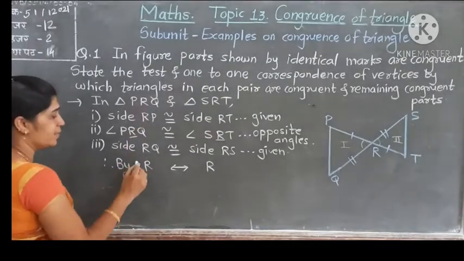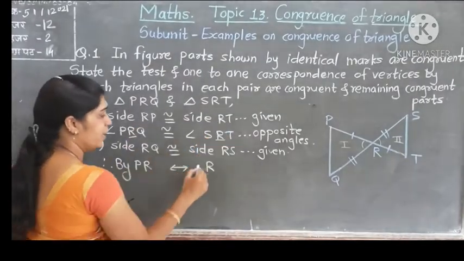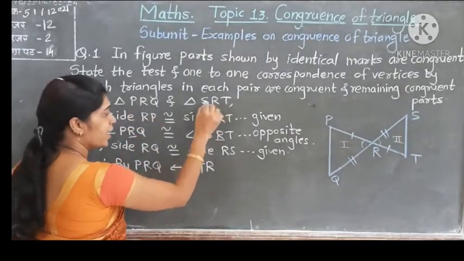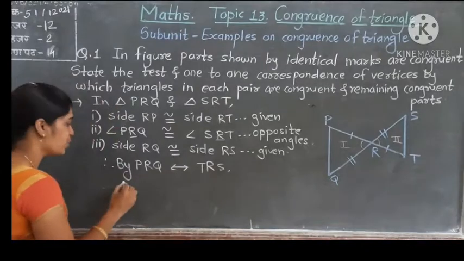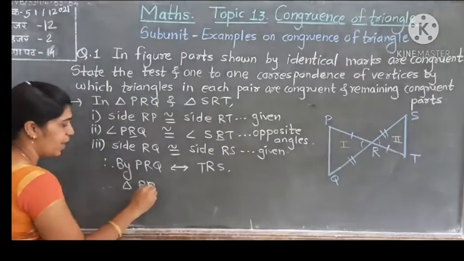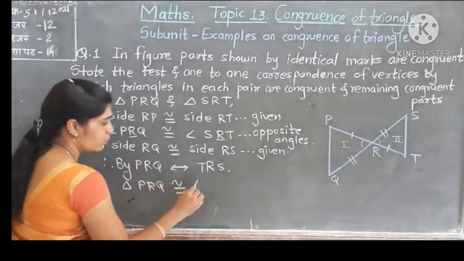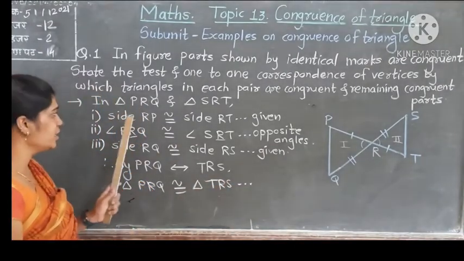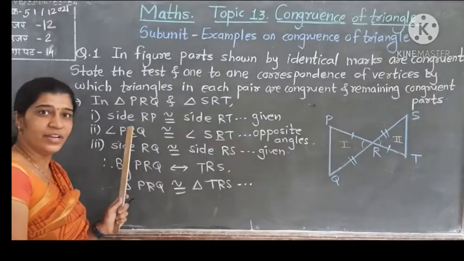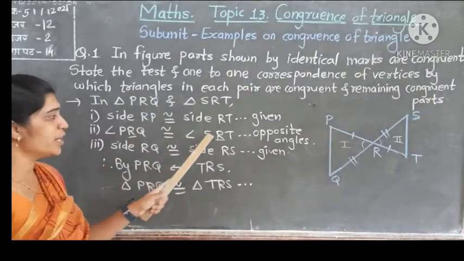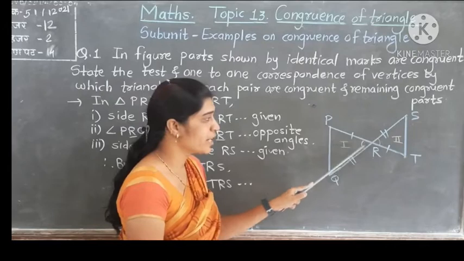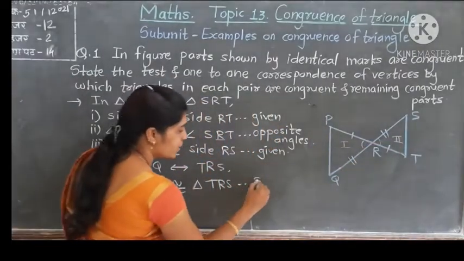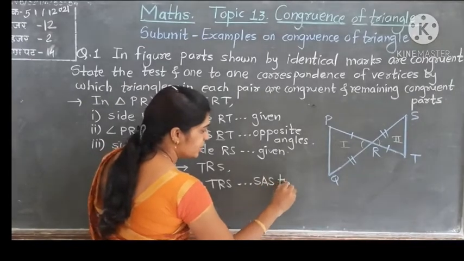Then PR corresponds to TR, PR remains Q, TR remains S. By this correspondence, triangle PRQ congruent triangle TRS, and which test is here? Two sides and the included angle. We call this test the SAS test.